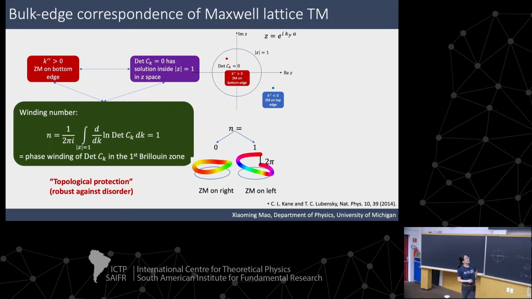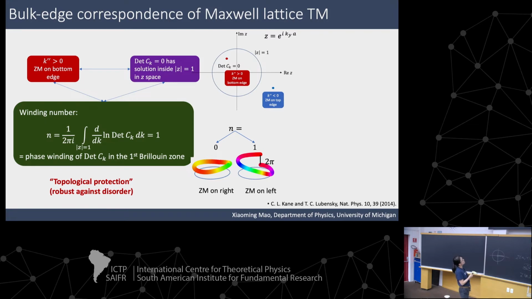Okay, yeah, so here we talked about the sign of the solution. So firstly, the edge modes correspond to zero points of determinant of C, right? And you care about whether you have solutions inside of the unit circle or outside of the unit circle, okay?